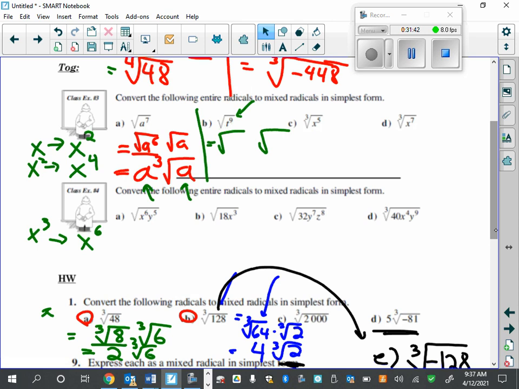What's the biggest even exponent before 9? And what's the biggest even exponent before 9, everyone? 8.